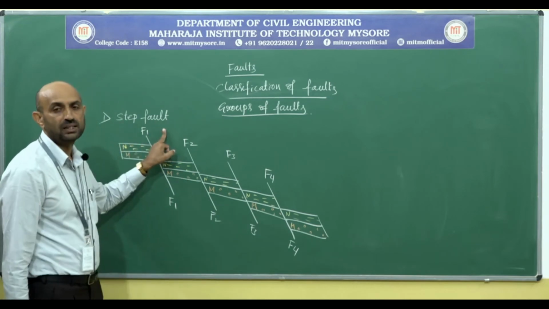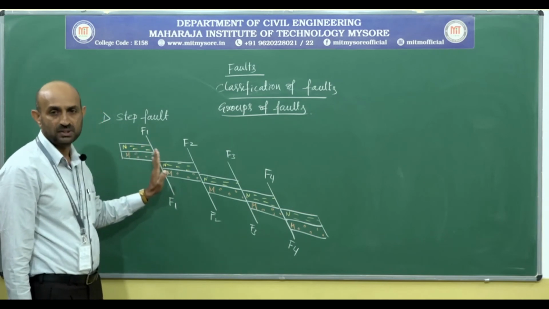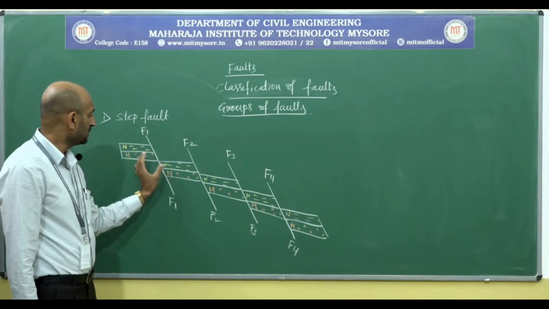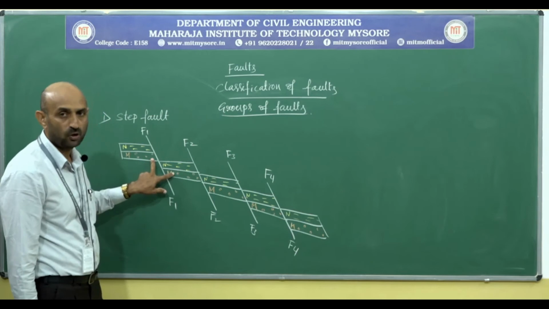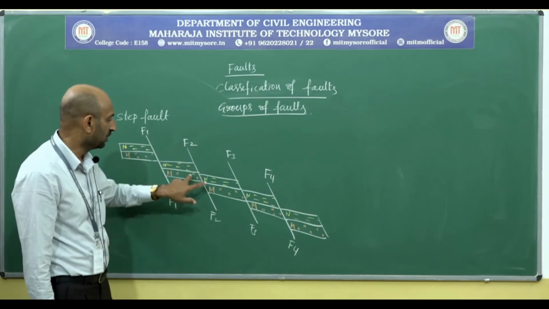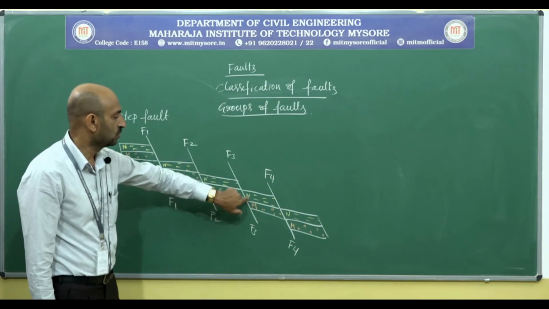What is a step fault? Here, a number of faults can be seen. There is a fault plane along which these two blocks have been displaced. When we come to this fault plane, these two blocks have been displaced. As such, these two.